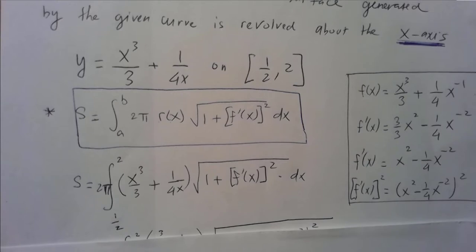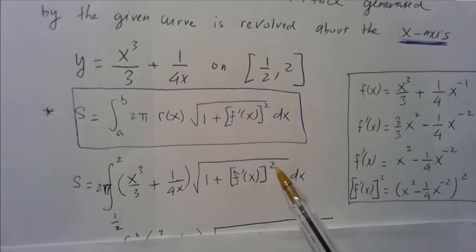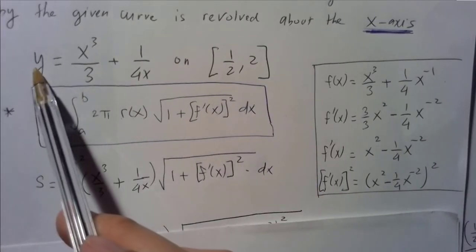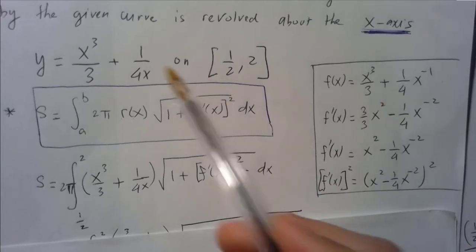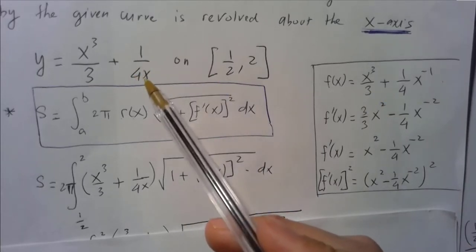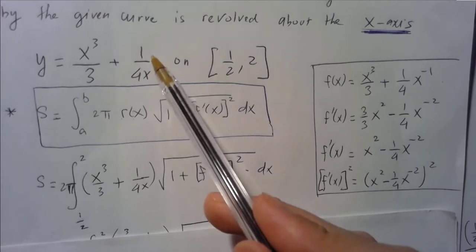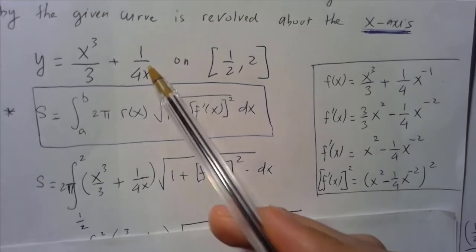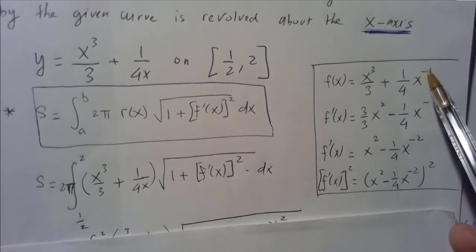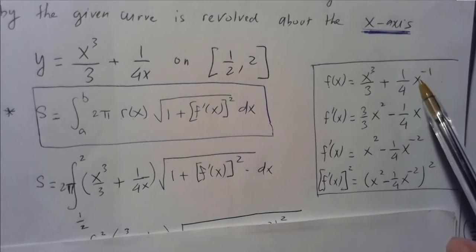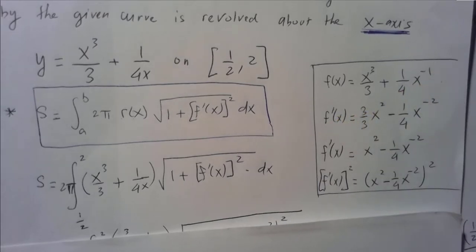And then the next thing is I need to find f prime of x, so I can take the whole square. Now we are given that f of x is x to the third power over 3, and then 1 over 4x. The x at the bottom here, I can just move it to the top, the numerator. If I move the x to the top, that becomes x to the negative 1 power. And then when I take the derivative, f prime of x, I use the power rule.